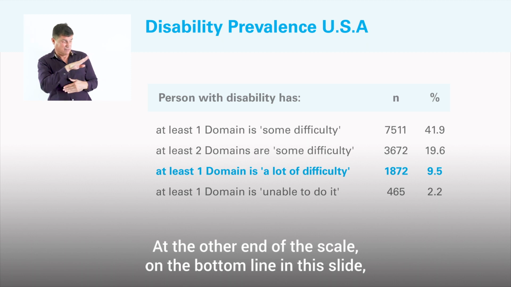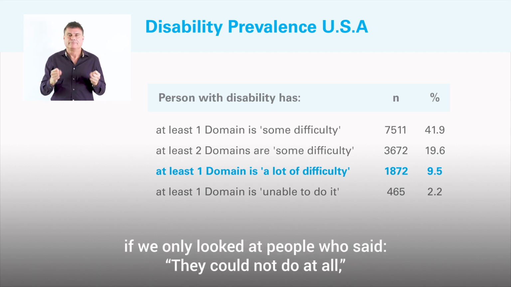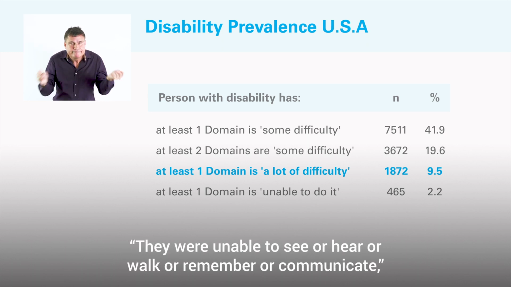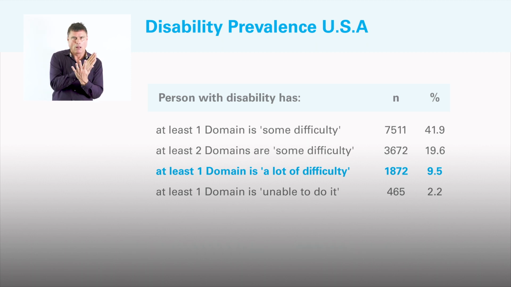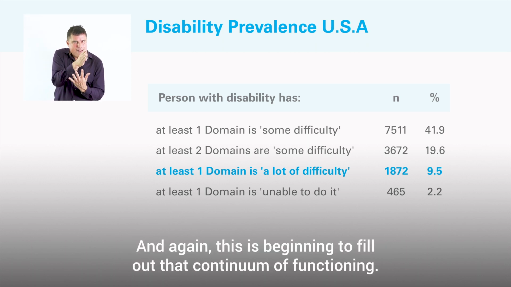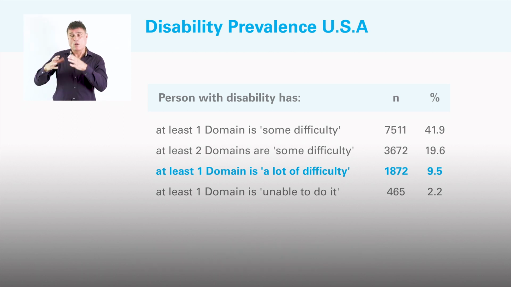At the other end of the scale, on the bottom line in this slide, if we only looked at people who said they could not do at all, they were unable to see or hear or walk or remember or communicate, the prevalence would be 2.2%. And again, this is beginning to fill out that continuum of functioning.